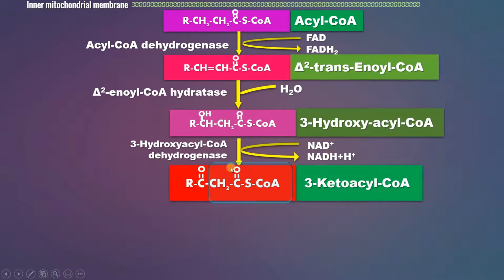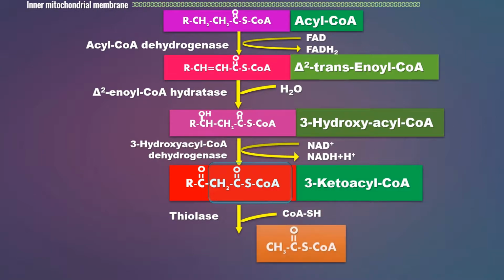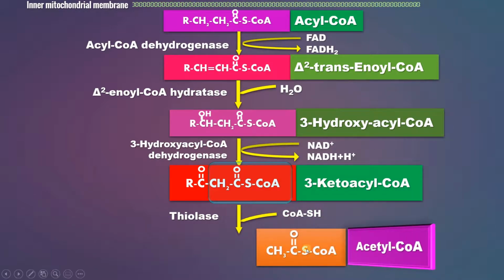So these 2 carbon units are released by an enzyme called thiolase, which breaks the bond between the alpha and beta carbon atoms. When these 2 units are released, the remaining will again be acyl-CoA, and we should add here coenzyme A.